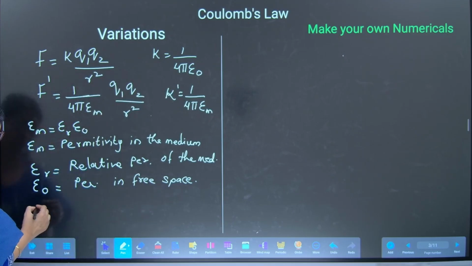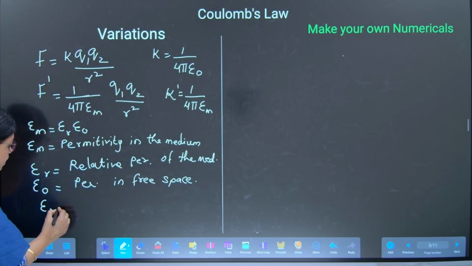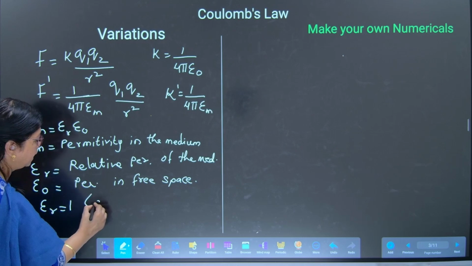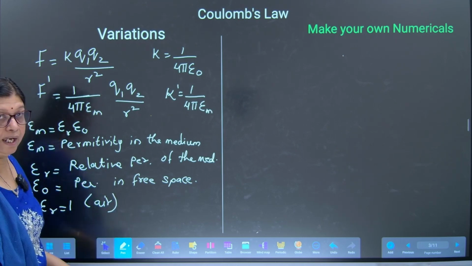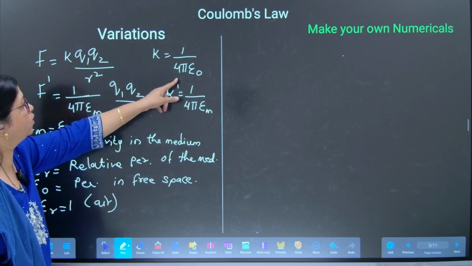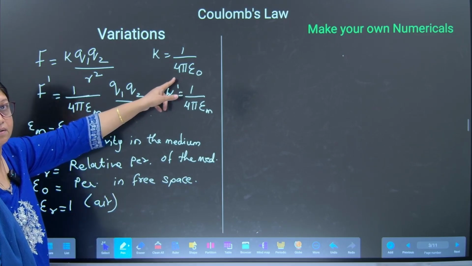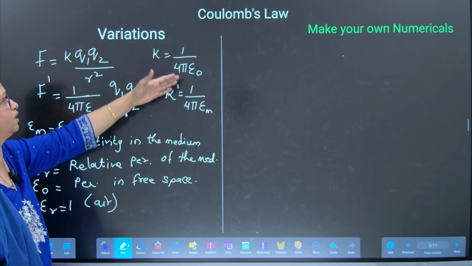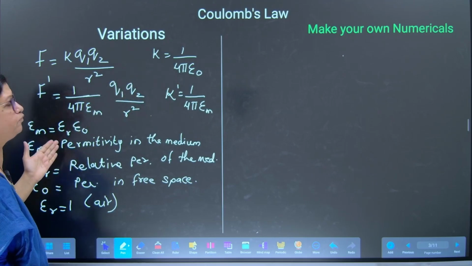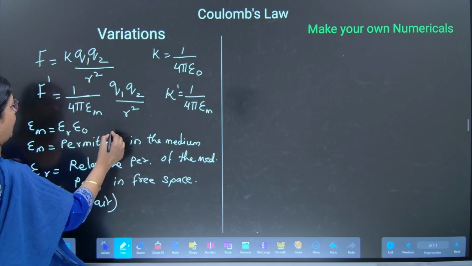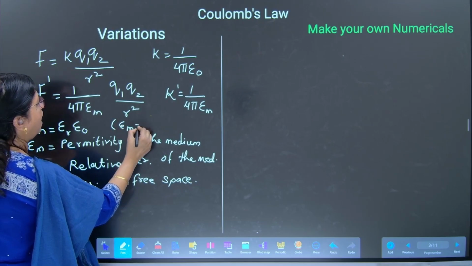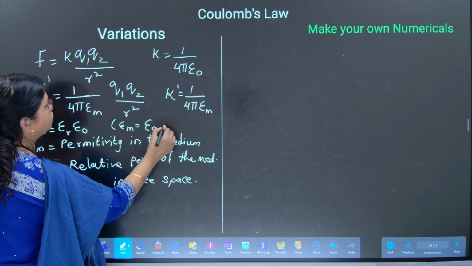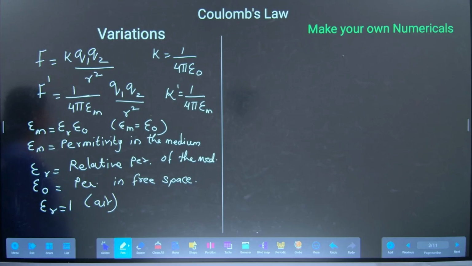For air, epsilon r is approximately 1. That is the reason why we have not written epsilon r here. Otherwise, we would have written epsilon r here also, as the formula says. So, for air, substituting epsilon r as 1, we just write epsilon m is equal to epsilon naught.